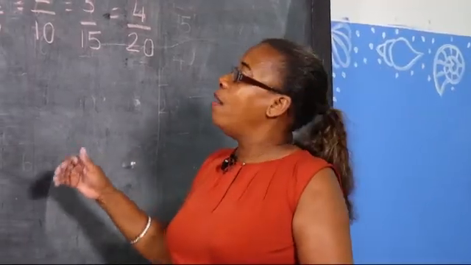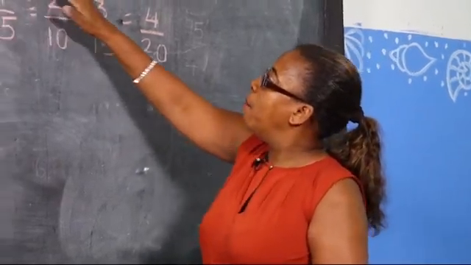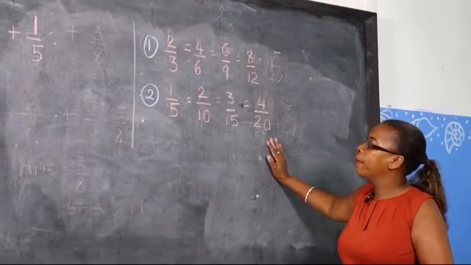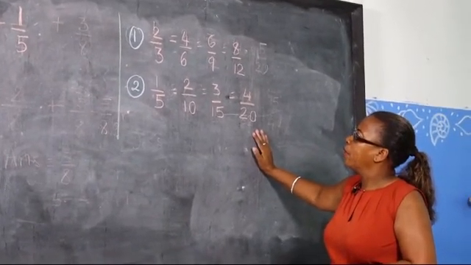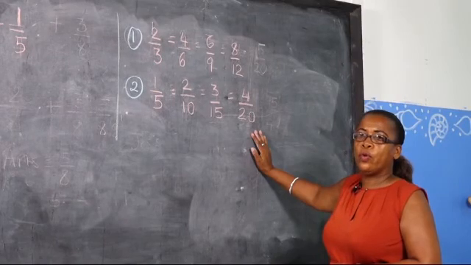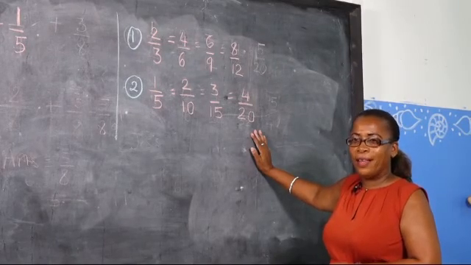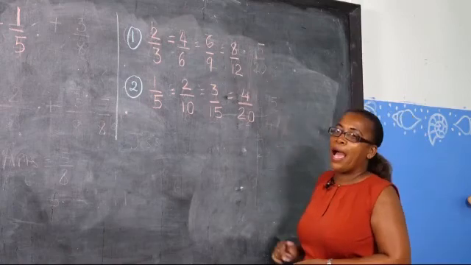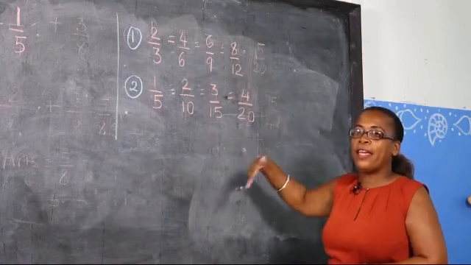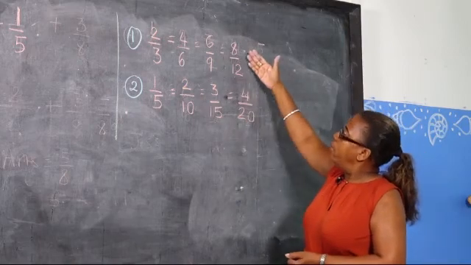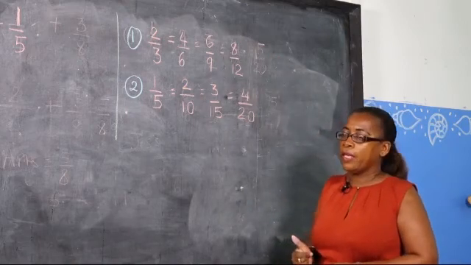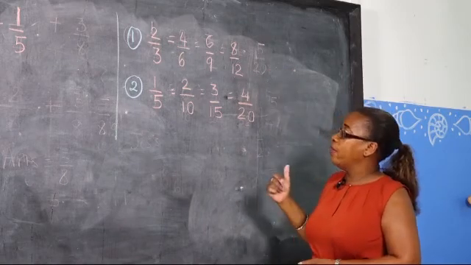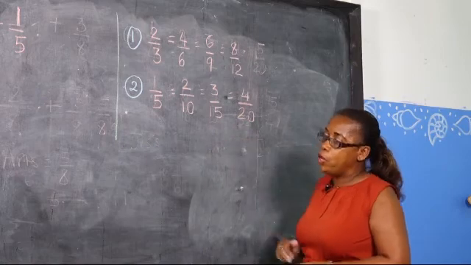Is there a number at the bottom which is the same? Okay? No. So what do we do? Do we stop there? We have to keep on finding the equal fractions, so that we will come up with one that has the common denominator.